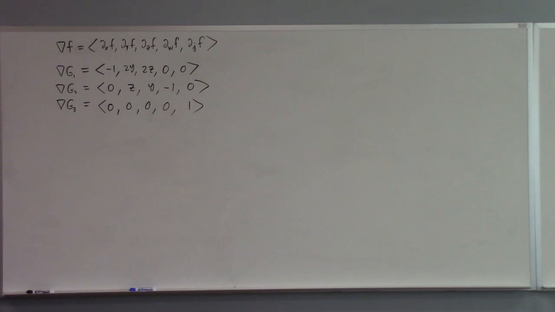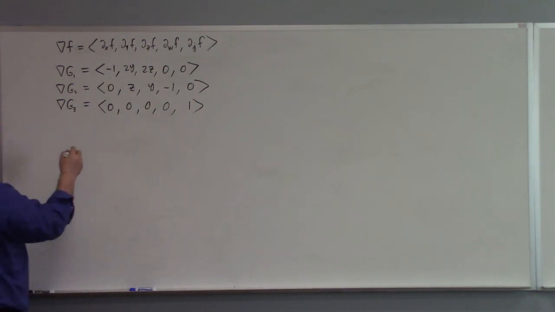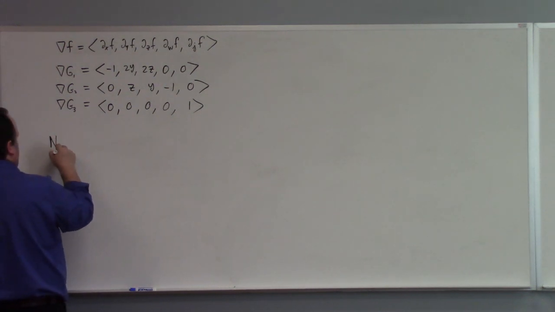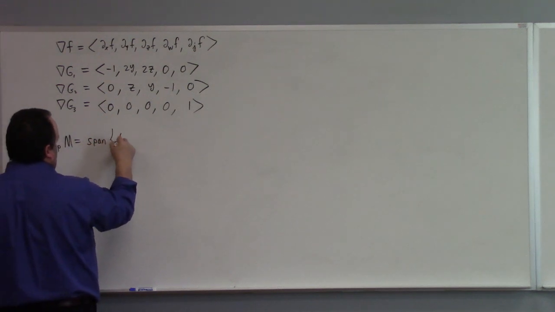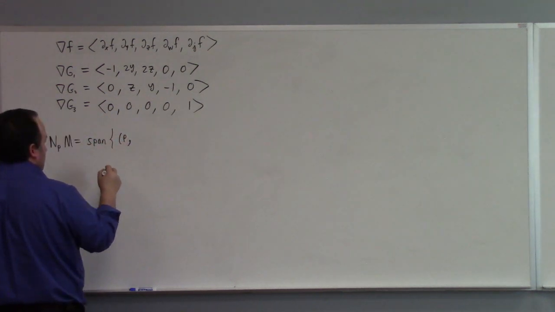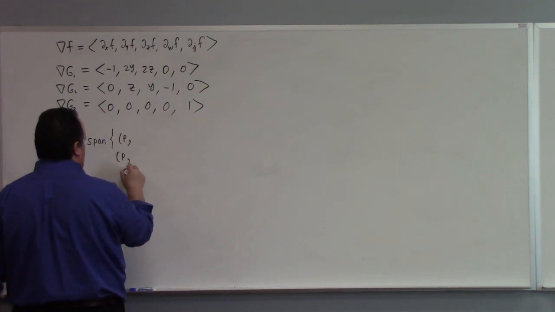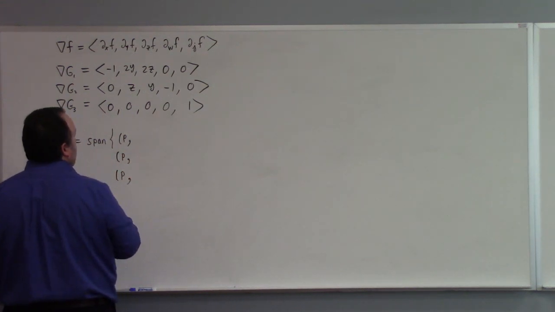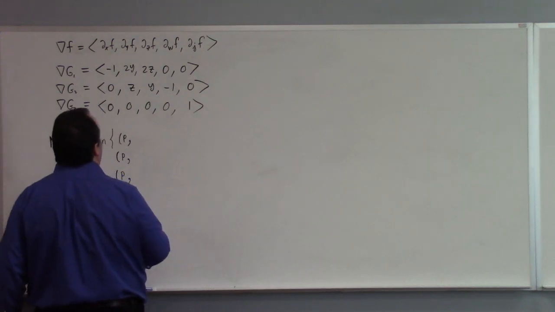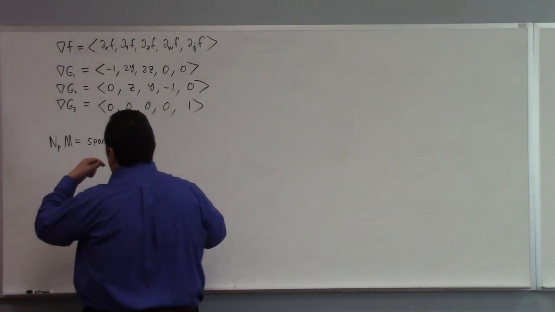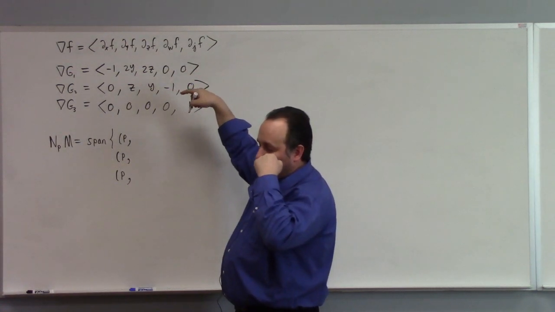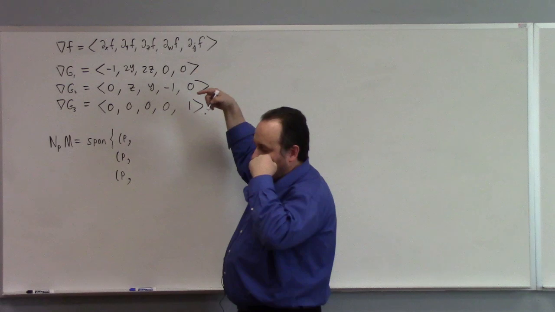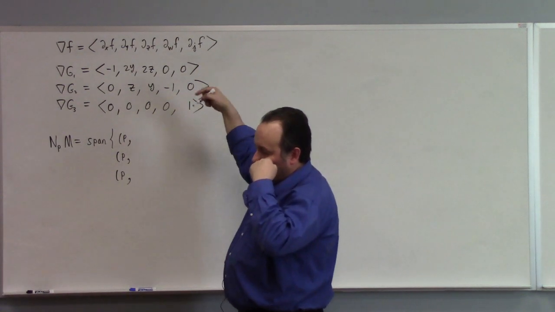So those vectors point in the normal directions at the point in question. So my normal space at the point P to M is the span of P comma something, P comma something else, P comma something else. And you guys help me out. What do I put in there? I need to plug in what P is, right? So I did these. These are the gradients of the level functions at arbitrary point x, y, z, w, j.